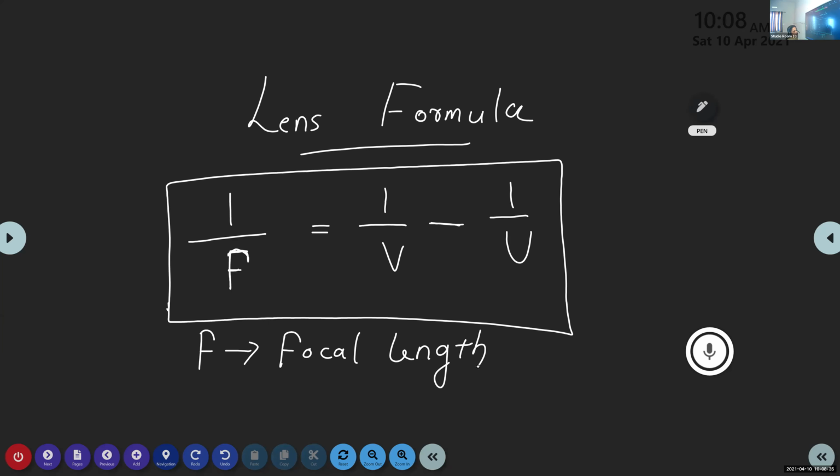It is the distance between the pole and the principal focus in the case of mirror. But in the case of lens, instead of pole, we have optic center. So it is the distance between optic center and principal focus. It is known as focal length. And what is v? John, what is v?